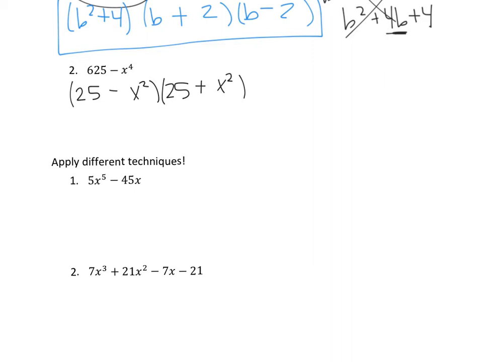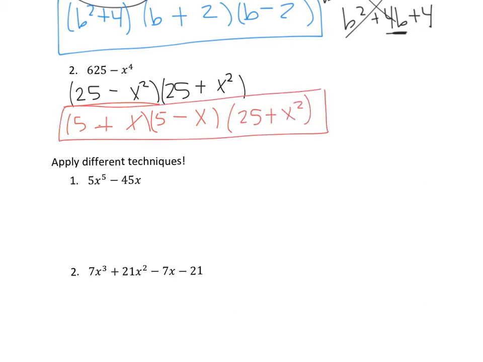And then again, be on the lookout. Here's another difference of two squares. So if I factor this again, square root of 25 is 5. Square root of x squared is x. And then one's a plus, one's a minus. And then I also can't forget to bring the 25 plus x squared into my final answer because that is still in my answer.